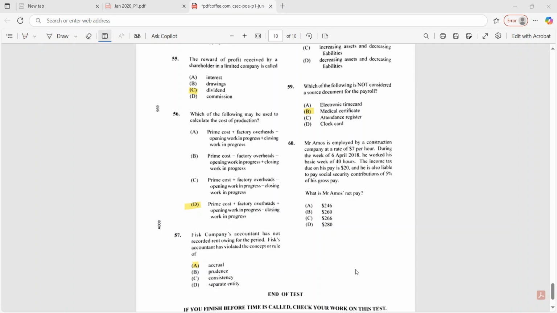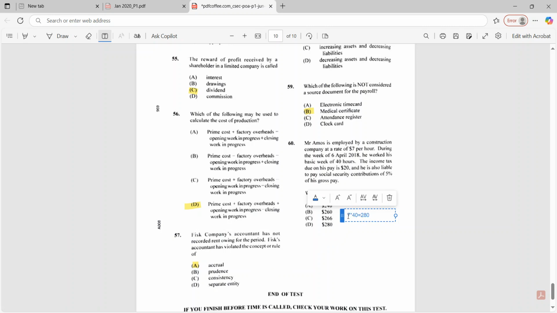So even though they gave us all of that additional information about the tax and the Social Security, we start with the pay, which we get when we multiply $7 by 40 hours, which would have been 280. So 7 multiplied by 40 would be 280.